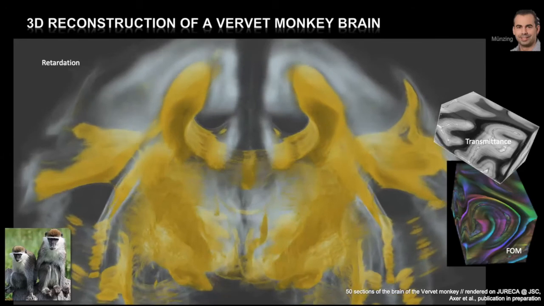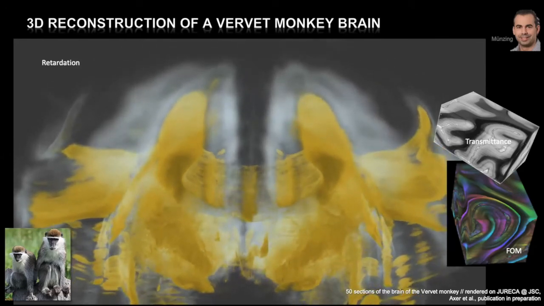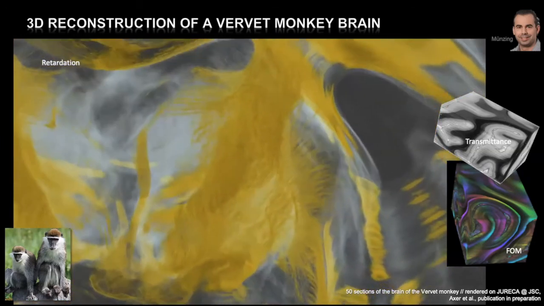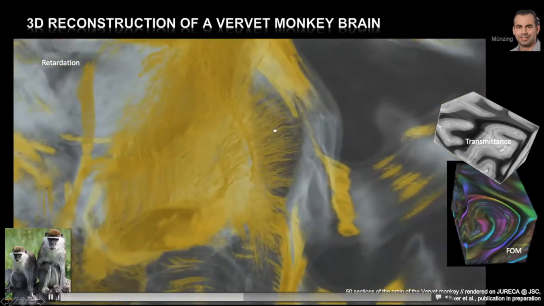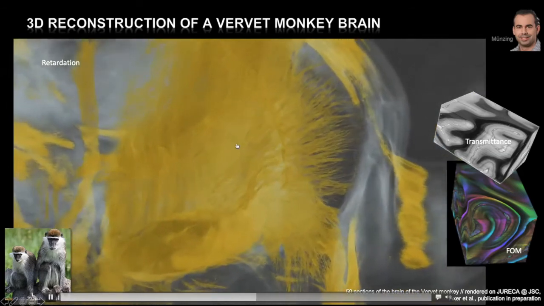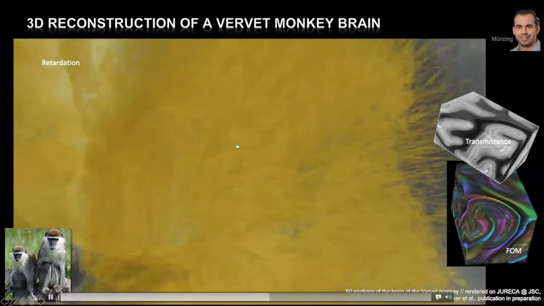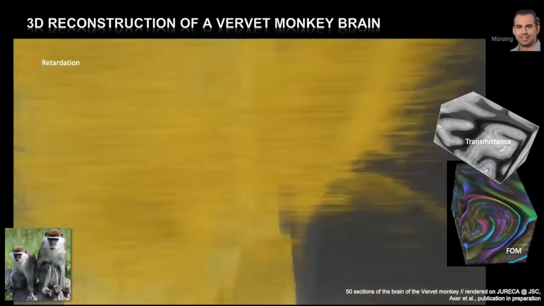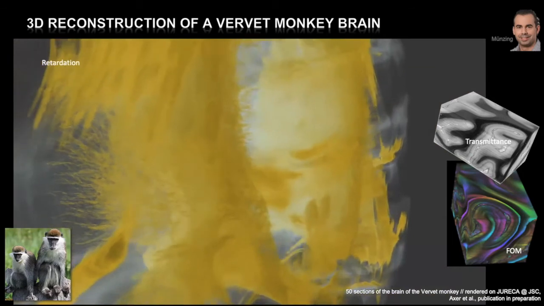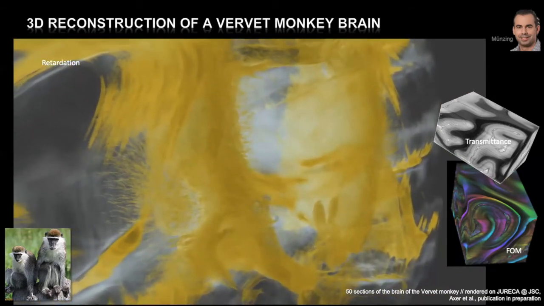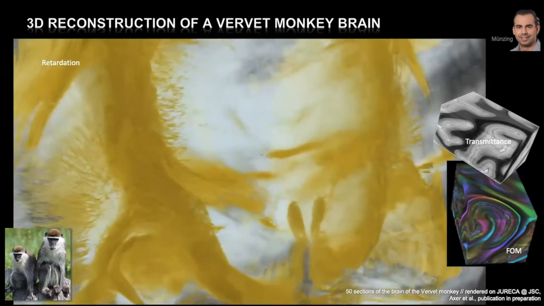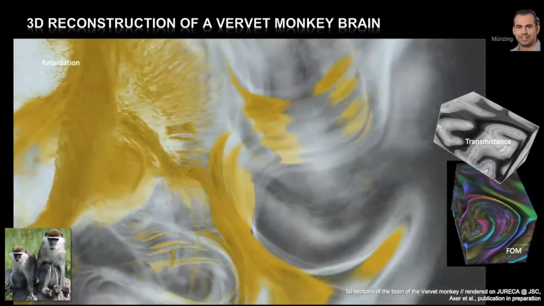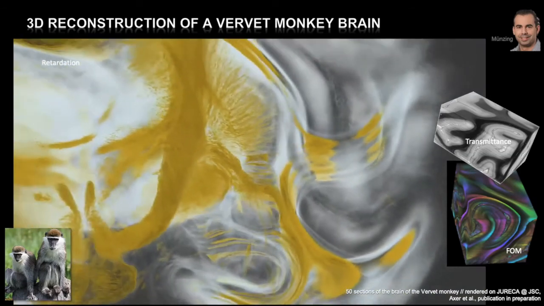That means the retardation images, and we rendered the data set on our supercomputer, and you can see here in the basal ganglia already, without any kind of reconstruction, in terms of orientation or tractography, you can immediately see the large white matter components and fiber tracts, and that's pretty cool. But it took a long time.